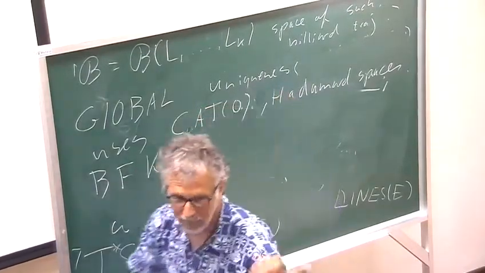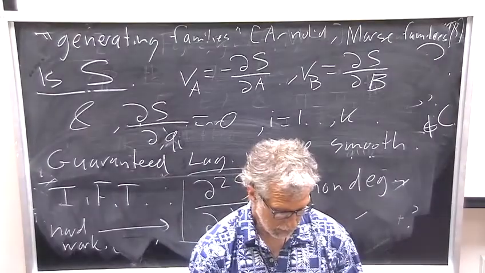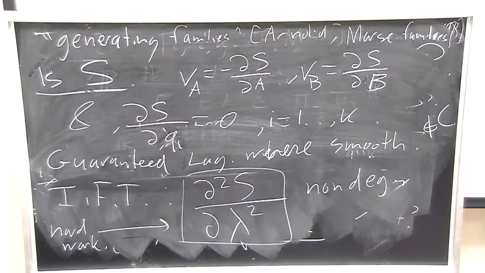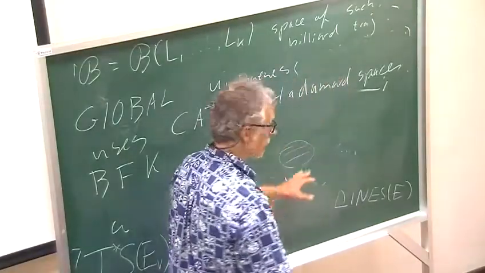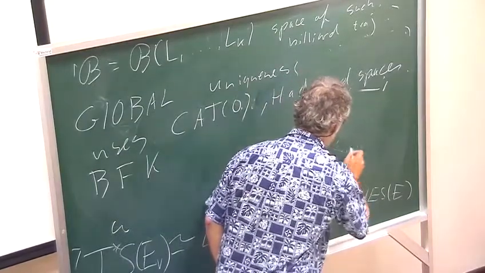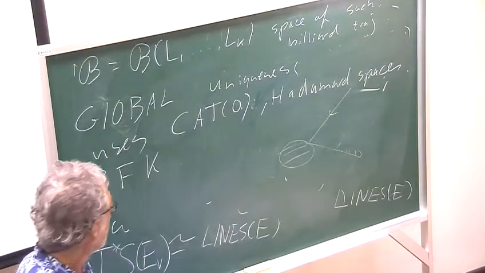I just say BFK, these guys. So let me quickly tell you the idea, and I'll tell it to you with regular billiards. Imagine you have a simple billiard problem in the plane with a convex body, and you want to understand that simple kind of billiard problem.